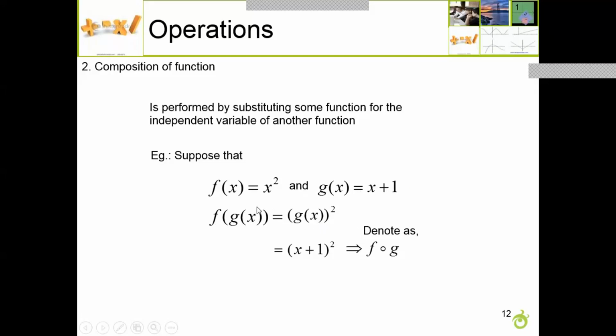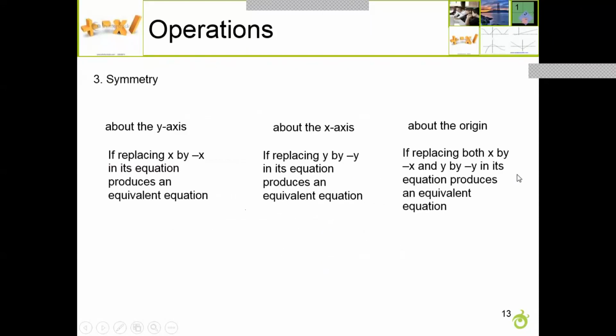Okay, so f of g of x maksudnya we need to insert the function of g into the variable in function f. So function f kita ada x squared, and then x dekat sini kita gantikan dengan function g. So x plus 1 masukkan dekat sini. So akan jadi x plus 1 squared. So jawapan dia x plus 1 squared. Okay, so itu namanya composite function.